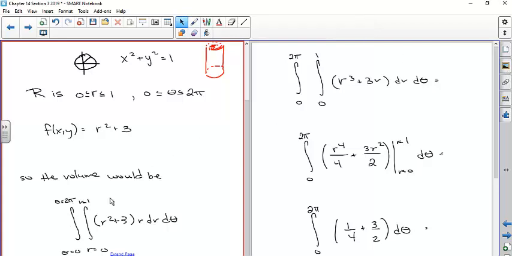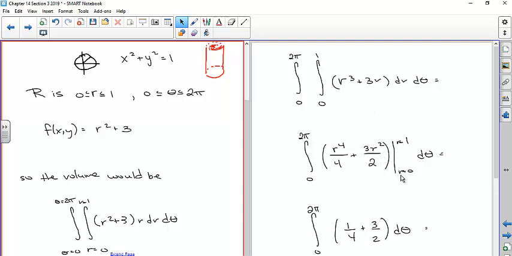Before we integrate, we multiply r times the height of the three-dimensional surface. So r squared becomes r cubed, and 3 becomes 3r. We integrate with respect to r first. The integral of r cubed is r to the 4th over 4. The integral of 3r is 3r squared over 2.